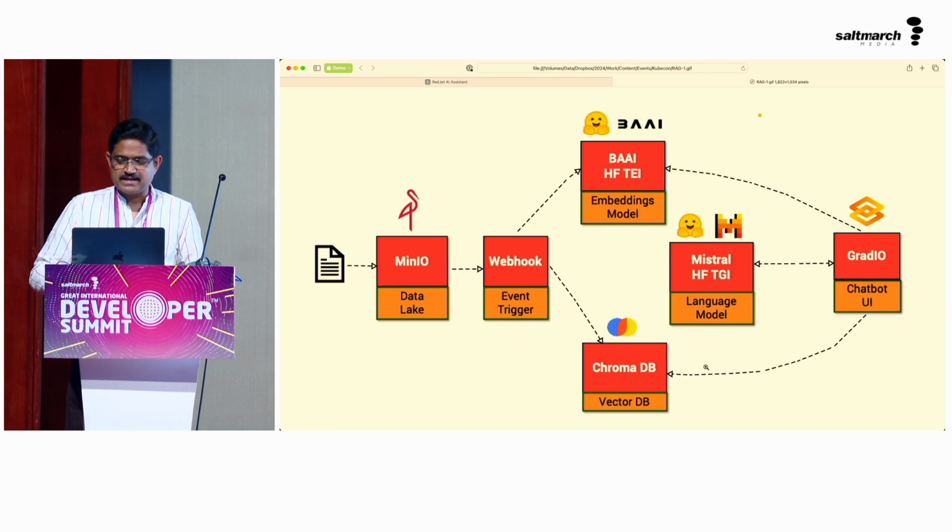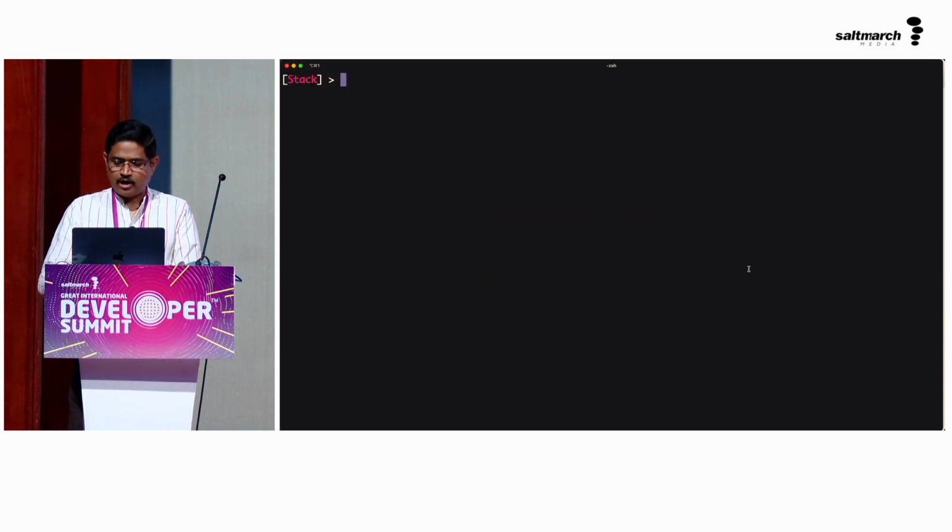ChromaDB comes back and gives us data in a ranked order. We pick up the top K, maybe 2 or 3 sentences that came out of Chroma's query. We embed that as a context and send that context to Mistral, and now Mistral gets empowered to respond accurately based on your query. So this entire architecture runs on Kubernetes.